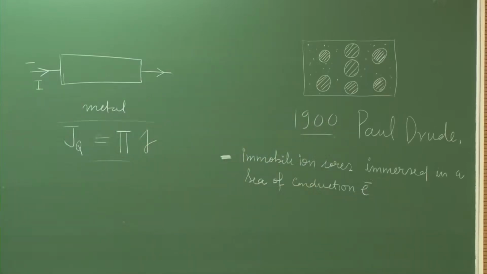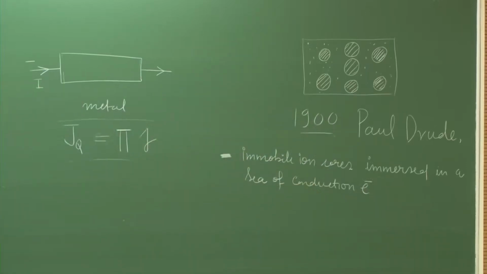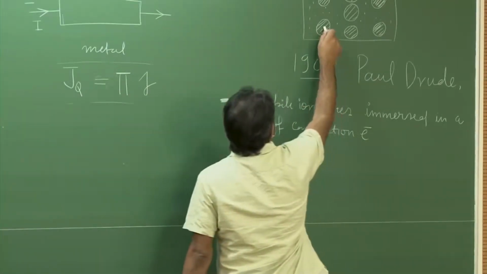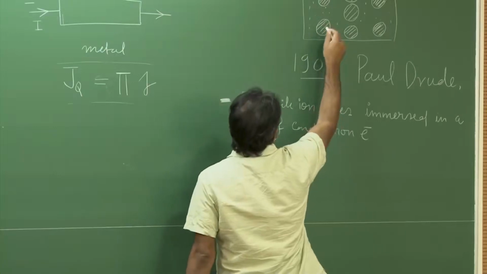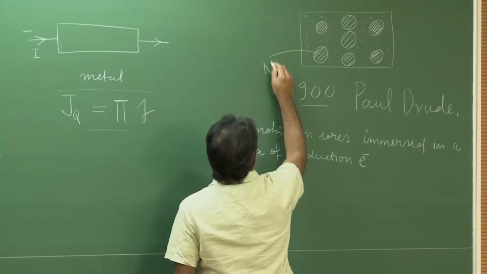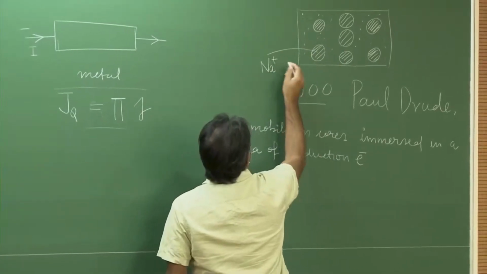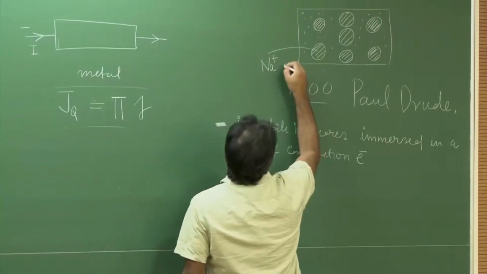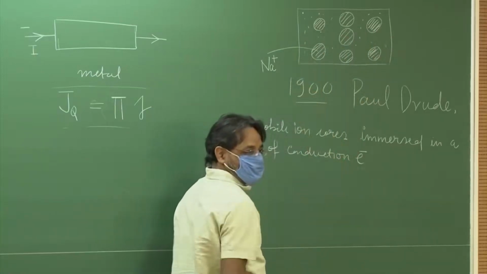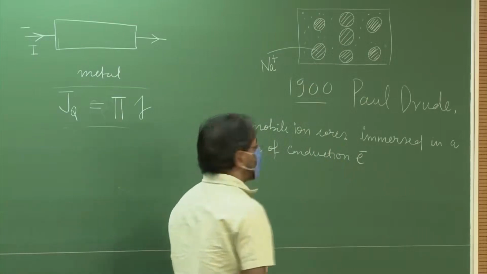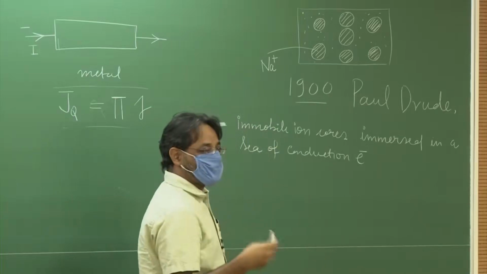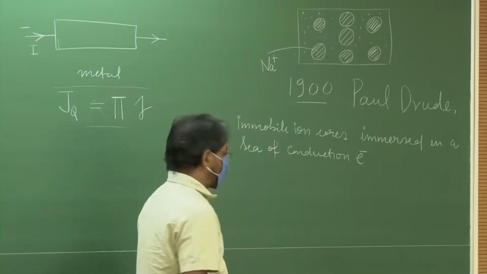You can take this as Na plus, if we are talking about sodium crystal, sodium metal. Each of these is Na plus, and the one electron that it has lost is somewhere in the metal. It doesn't remain anywhere around the parent nucleus, and can go anywhere.